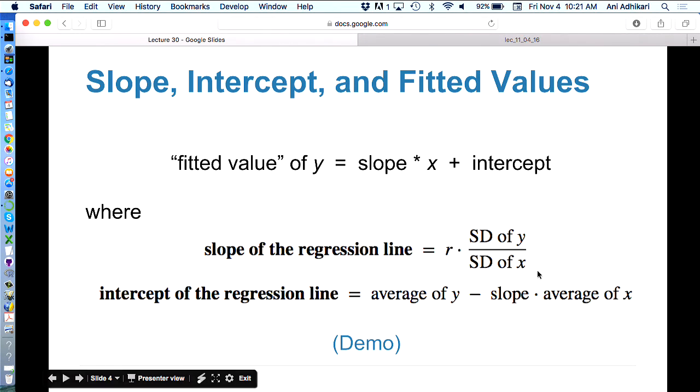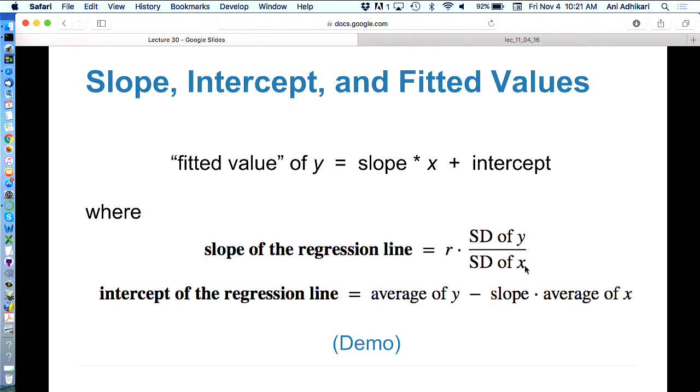If you are trying to estimate weight, which was measured in pounds, based on height, which was measured in inches, then the slope has units. What are the units? Weight on top, height below. What are the units? Pounds per inch.